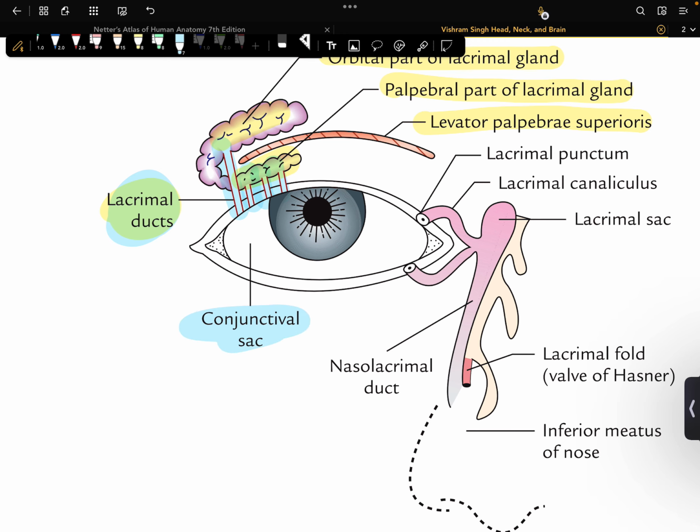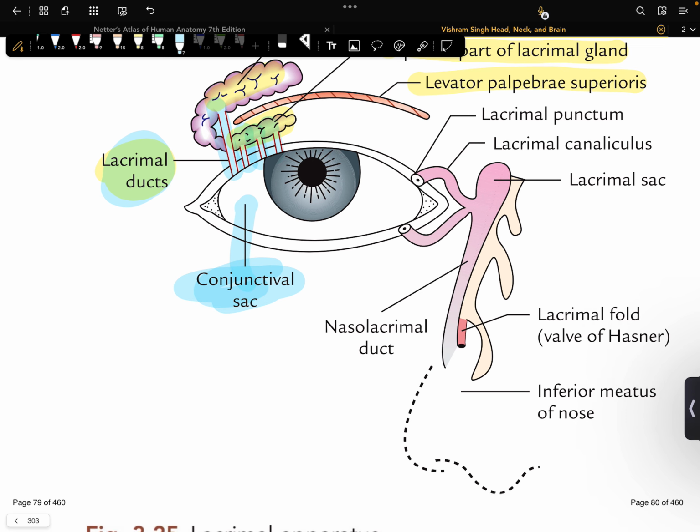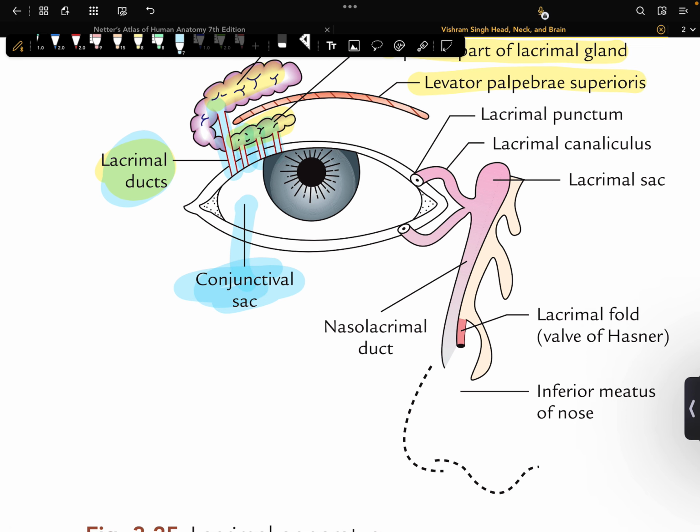The conjunctival sac is the potential space between the eyelid and the eyeball. So between the eyelid and eyeball, this is the conjunctival sac.